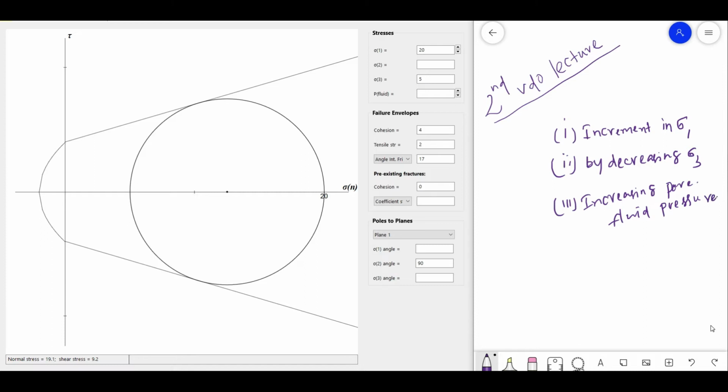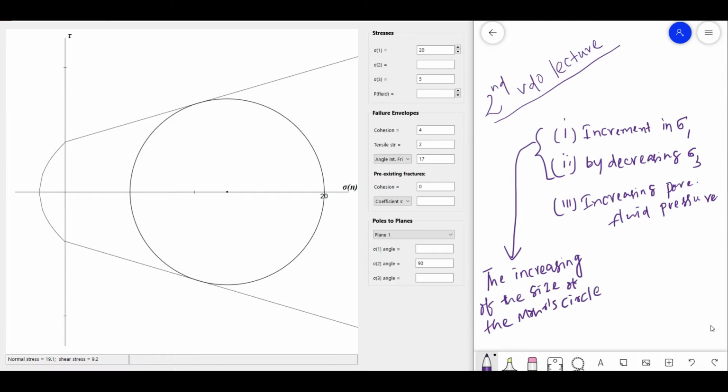The first two, point 1 and point 2, basically denote increasing the size of the Mohr circle.